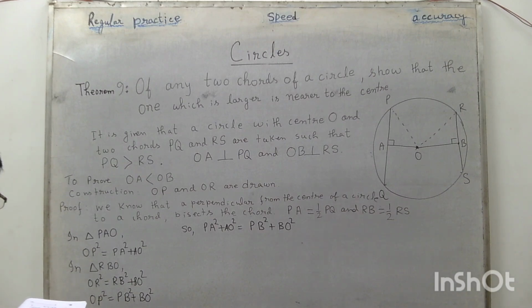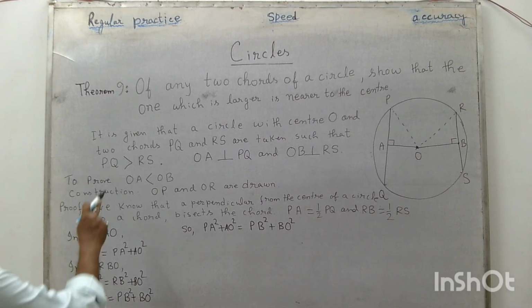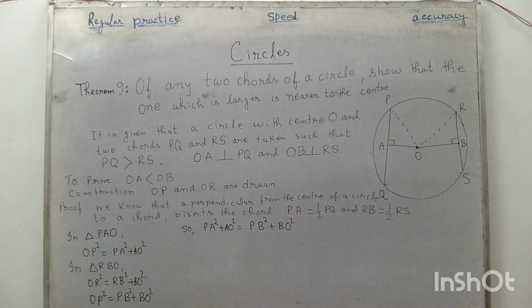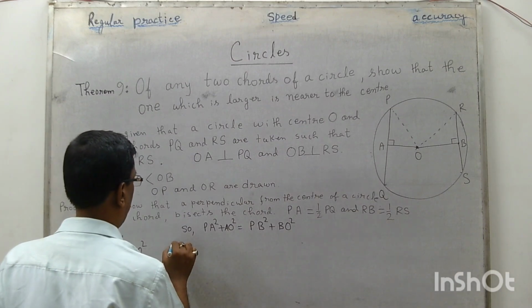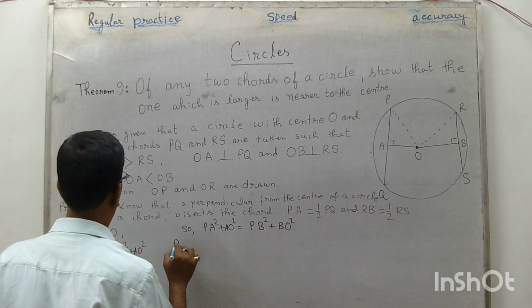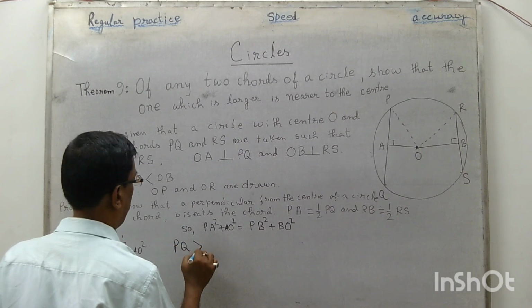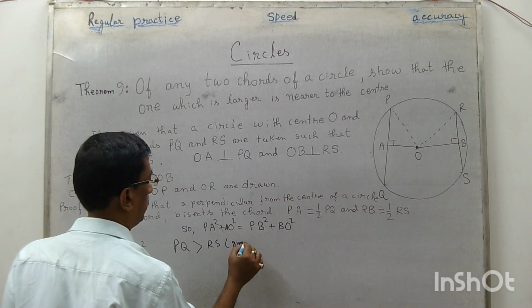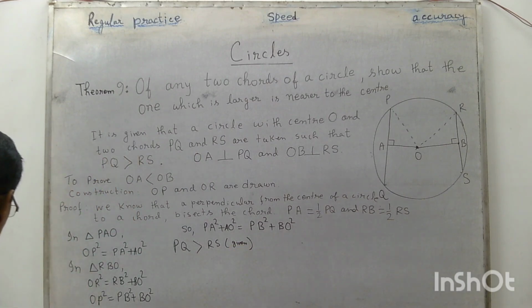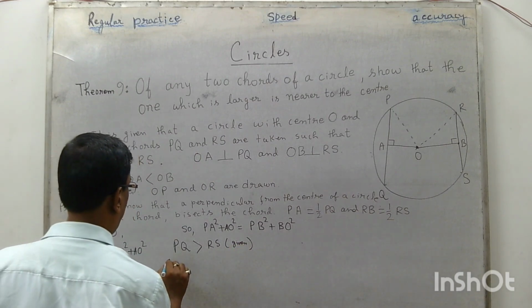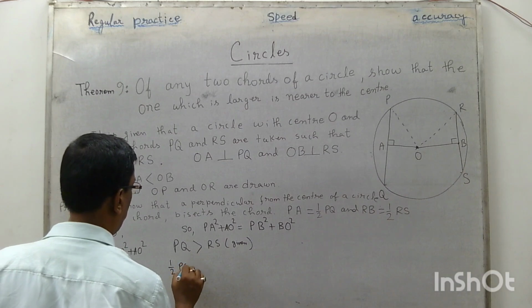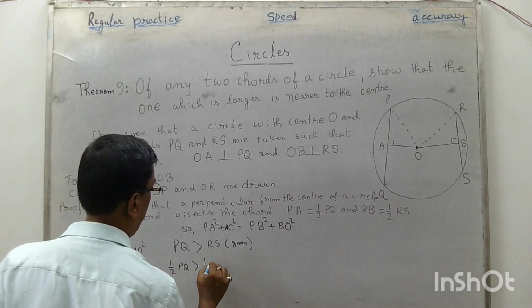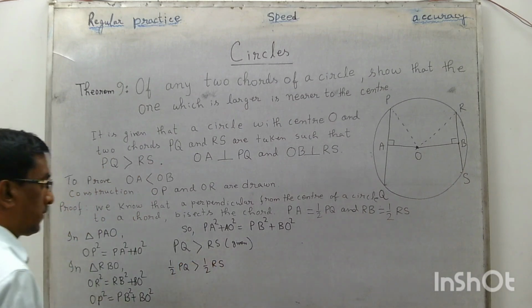Now PQ is greater than RS. It is given. So half of PQ is greater than half of RS.